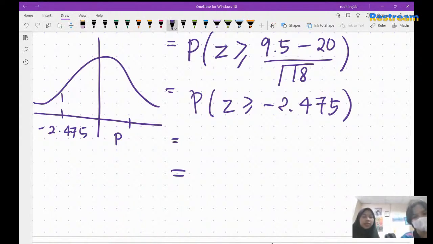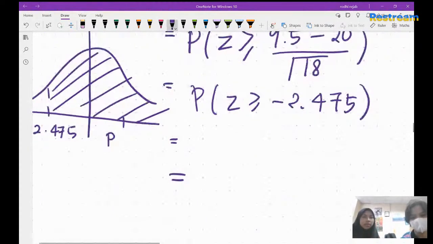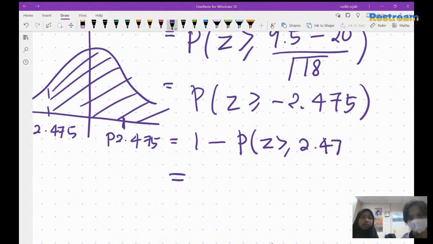Sorry. You want it this way kan? Would be equal 1 tolak 2.475. So P Z 2.475.